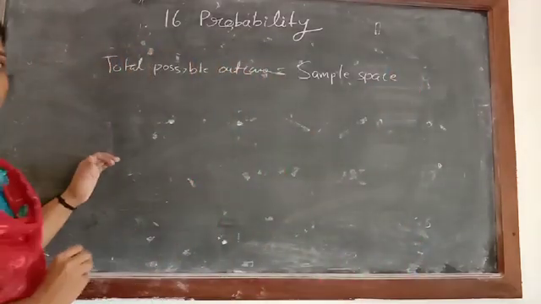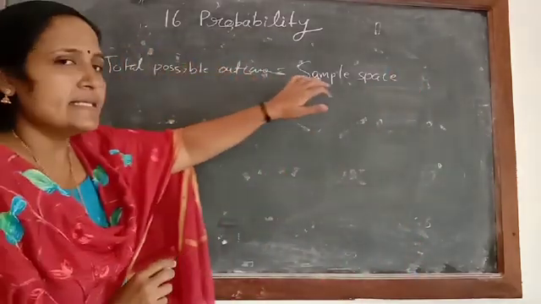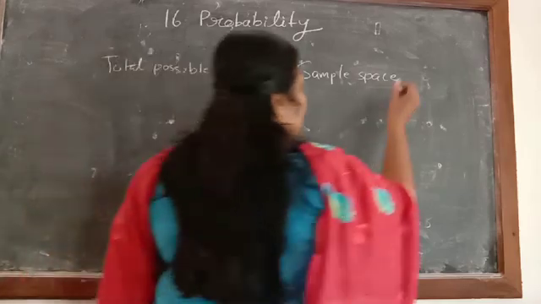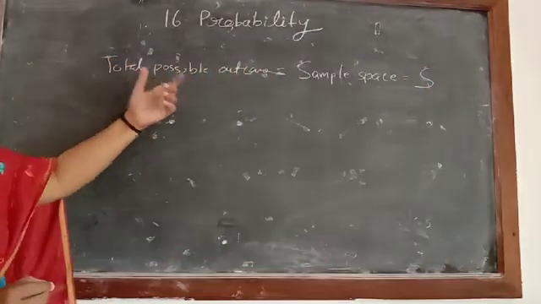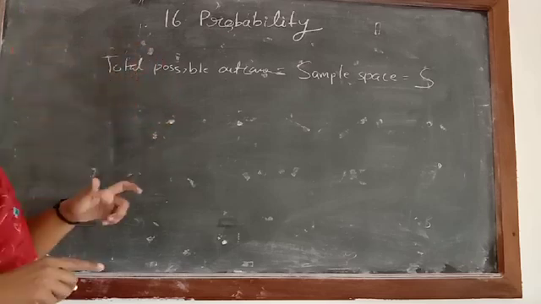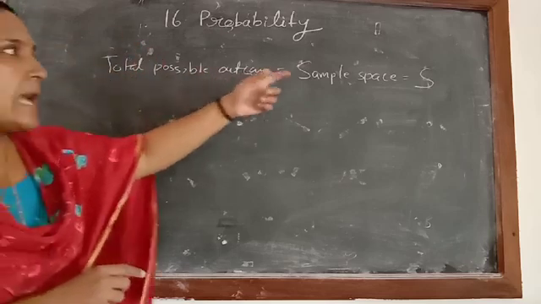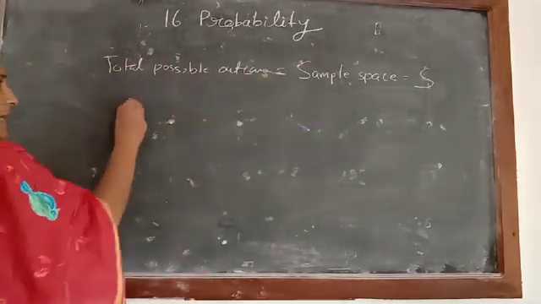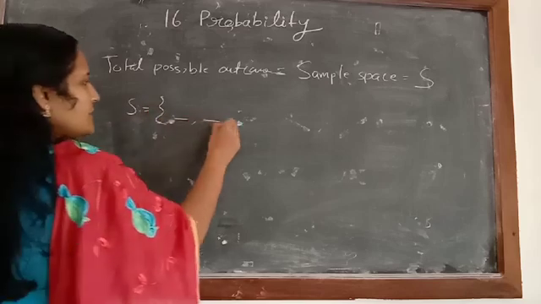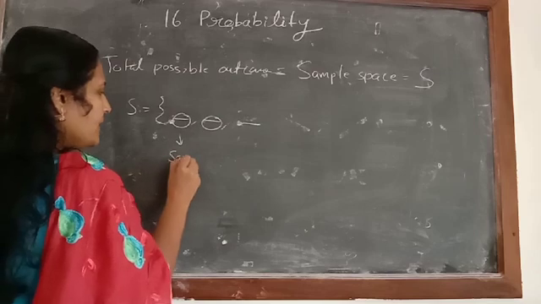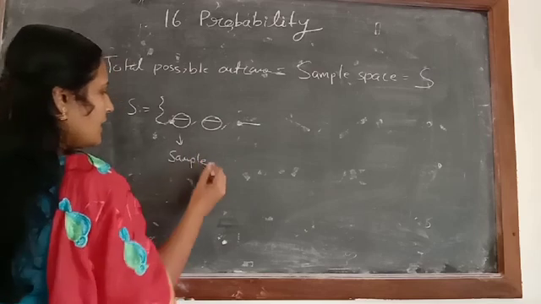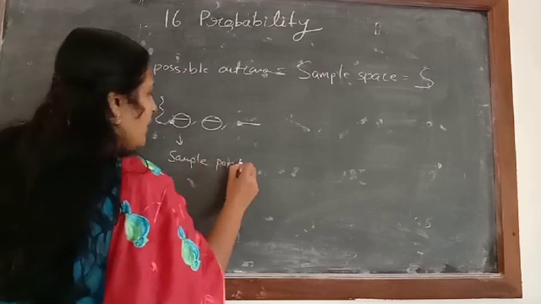The sample space is denoted by the letter S. What are the total possible outcomes, that we will write as set notation. When we write down the sample space, each outcome is called a sample point.